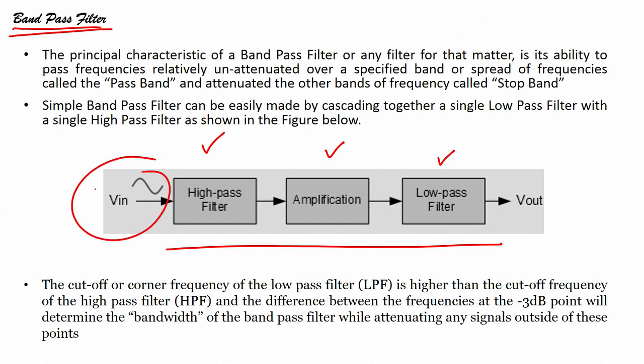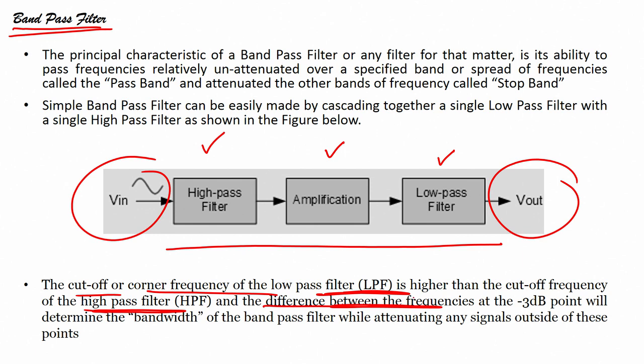With an input of a certain peak to peak and frequency, we will see what the output is and which frequencies it can pass. The cutoff or corner frequency of the low pass filter is higher than the cutoff of the high pass filter, and the difference between the frequencies at the minus 3 dB points will determine the bandwidth of the band pass filter. What does it mean?